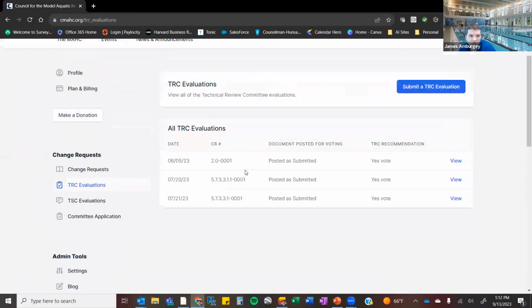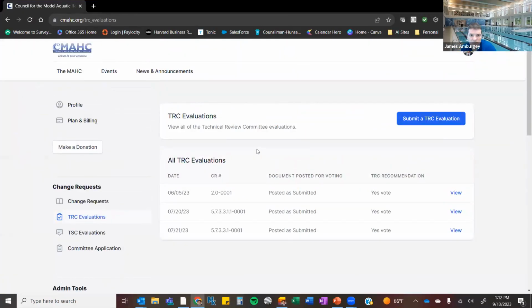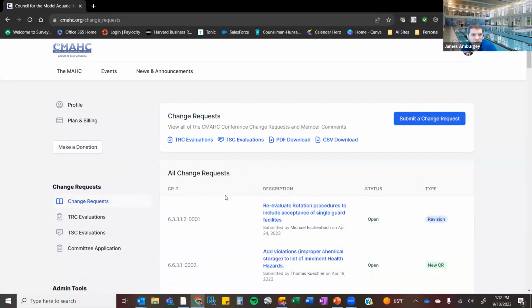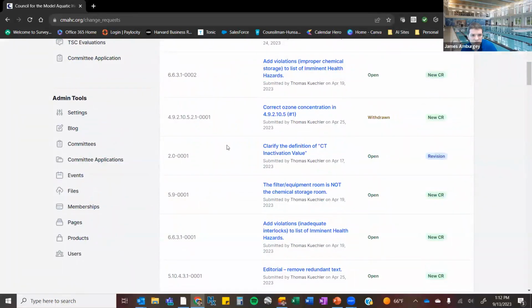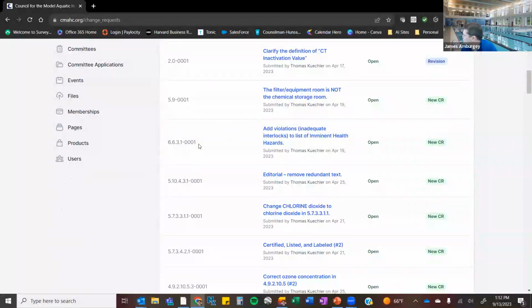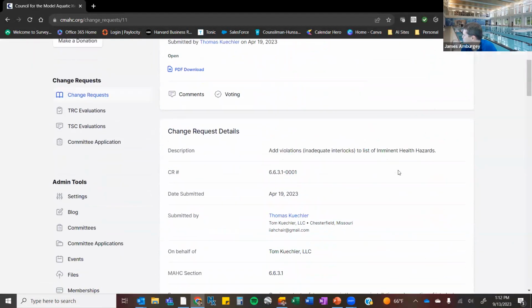I'm just looking at the one that Tom submitted, and it was more complicated than an interlock, because the interlock section actually has like 3 different requirements. It has to have like 2 out of 3 things in the code. So this one may be a little more complicated.